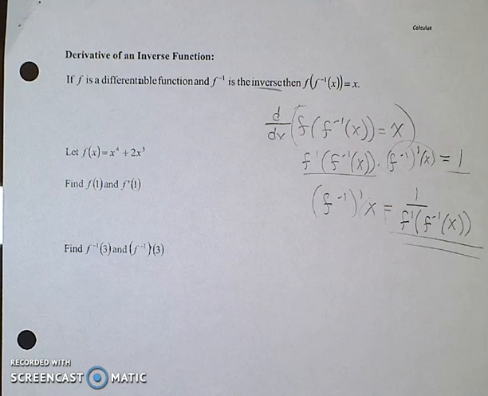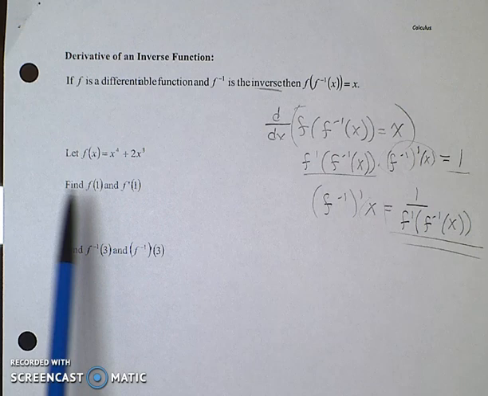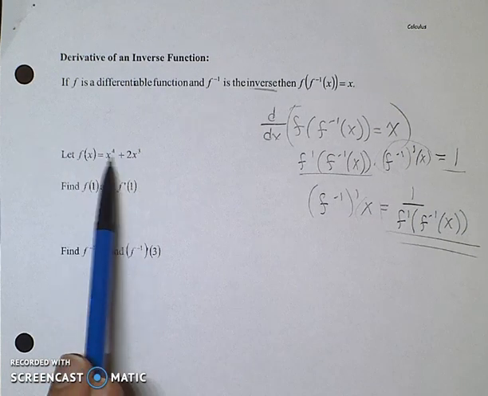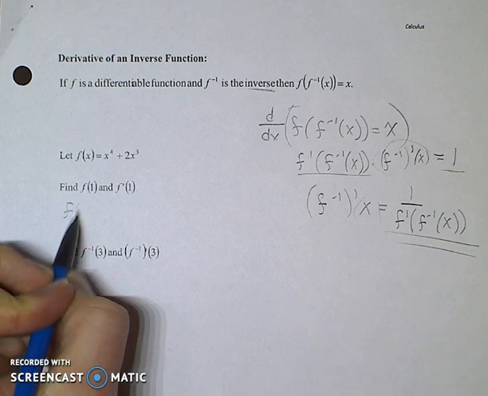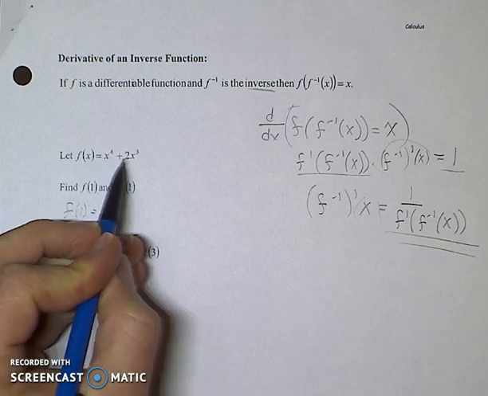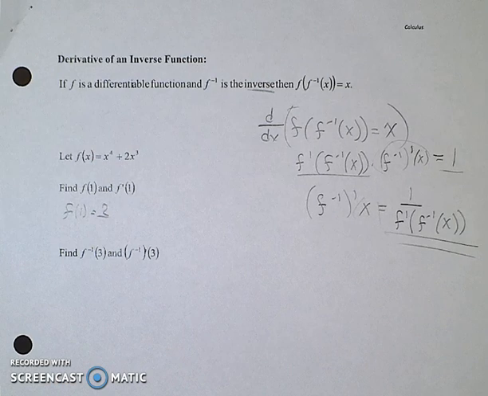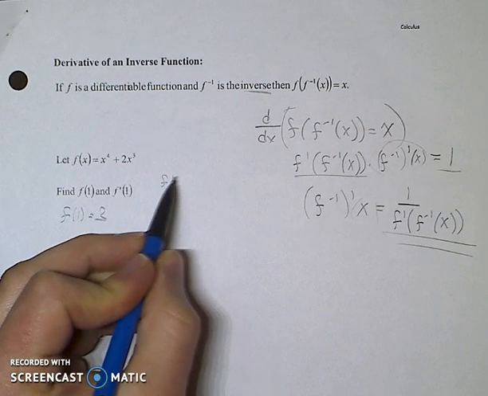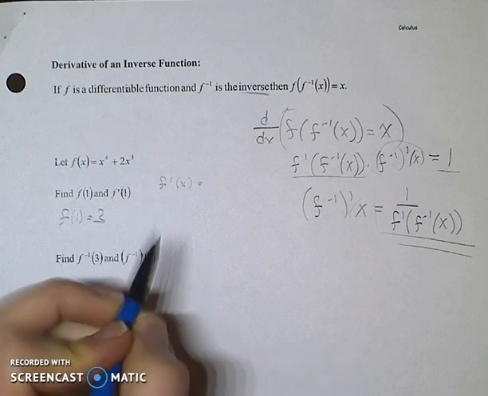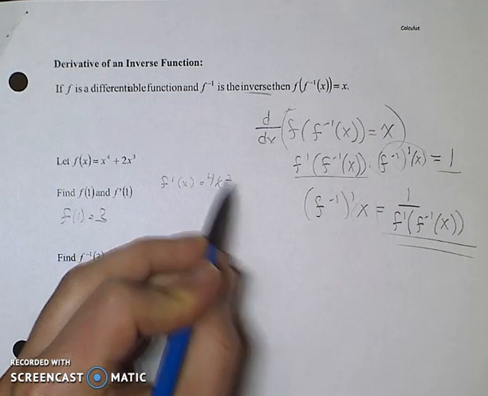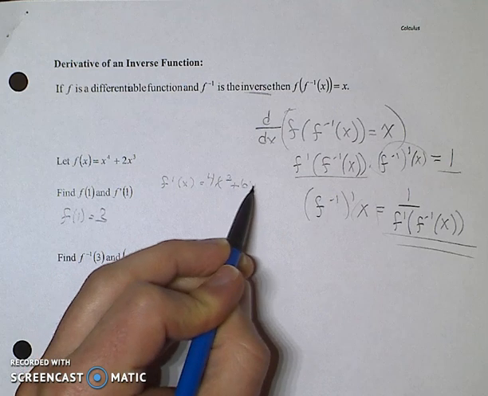So let's just look at an example here, and we'll probably end off on this page and not do the next page. If f of x is that, we know f of 1, and I hope that we can just see that f of 1 is 1 plus 2, which is 3. And the derivative is 4x cubed plus 6x squared.